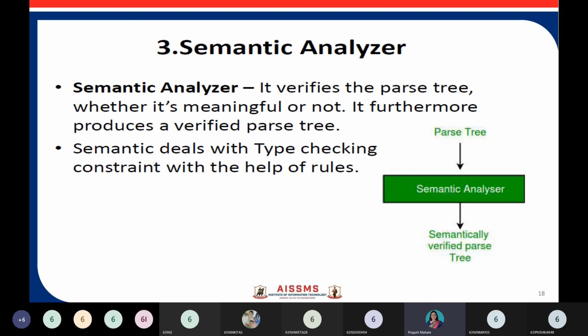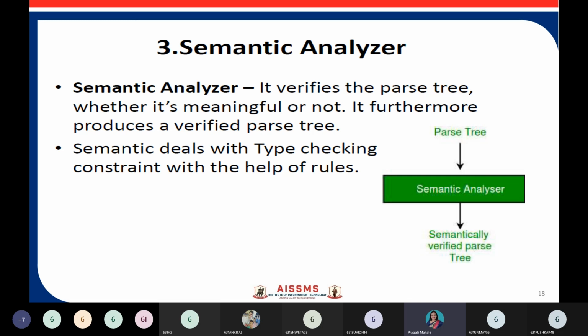Now next, I hope this syntax analysis is clear to you. It makes use of the technique of context free grammar to generate a syntax tree and find out the errors, right? Now the next phase is the semantic analyzer.